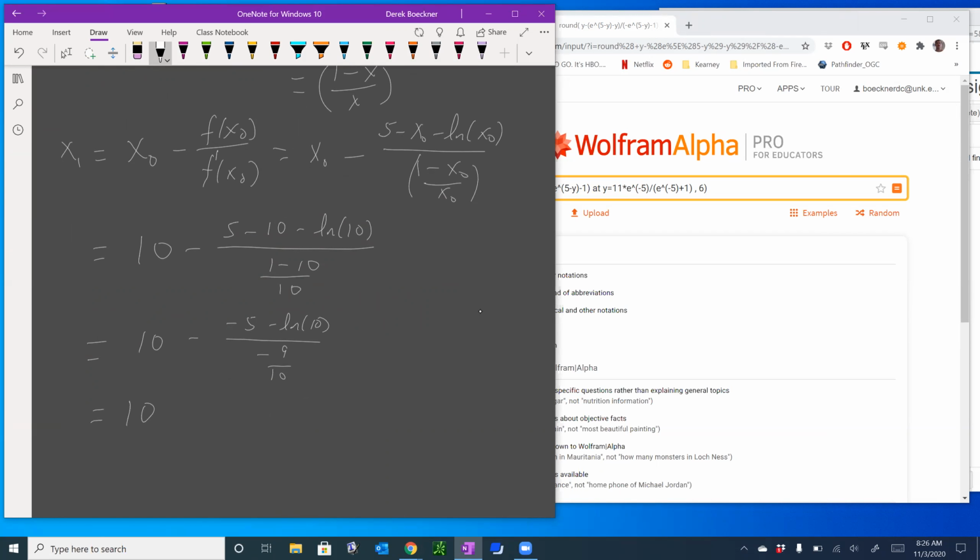10, I'm going to make this plus, and this plus. And then we're going to multiply everything by 9/10 to clear out denominators. The minus sign, and then plus 5 times.